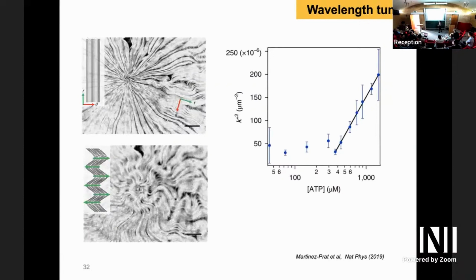It was in a circular setup, and you see that the nematic order is radial, and then you observe this in-plane instability, and the wavelength of the system depends on the concentration of the ATP.